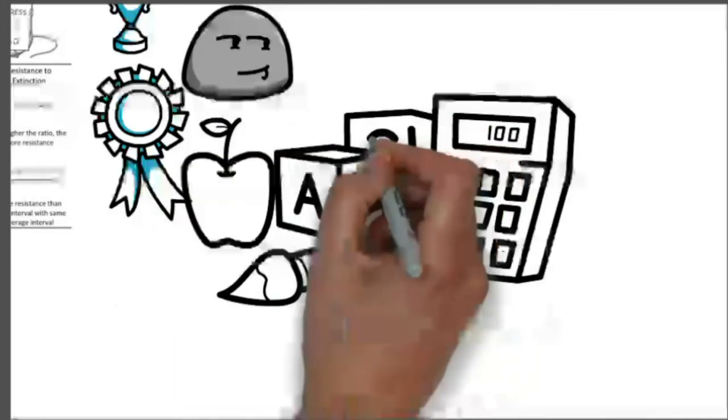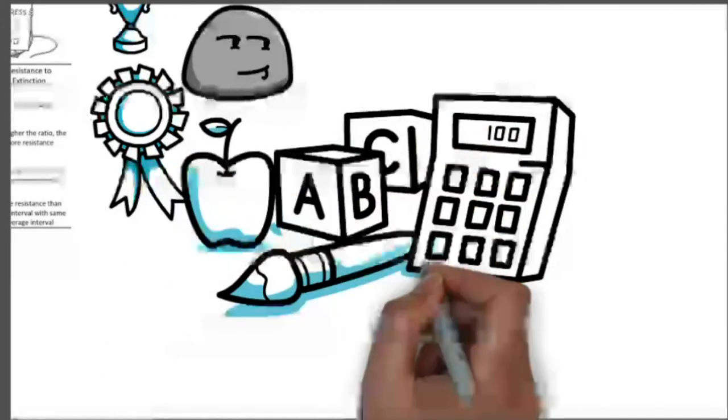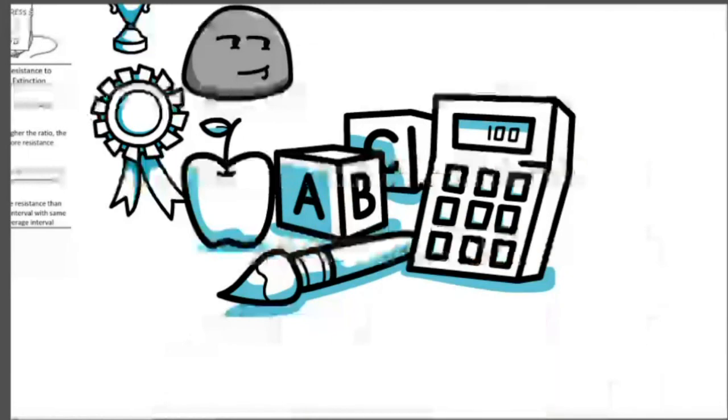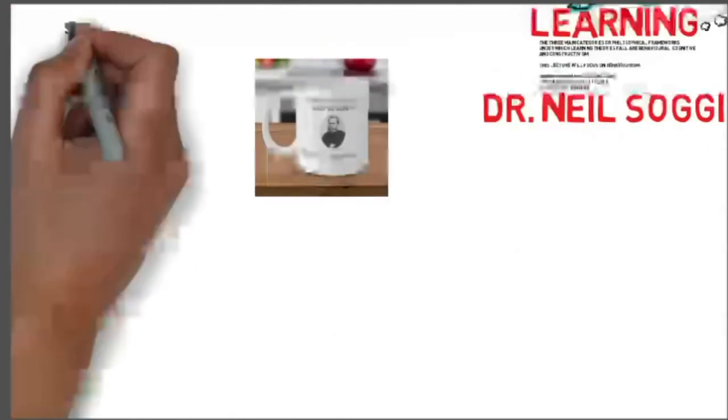Then we can go on to the SR theory, which is the stimulus response theory without reinforcement, or the Pavlovian classical conditioning. Ivan Pavlov, from 1849 through to 1936, is the founder of this.